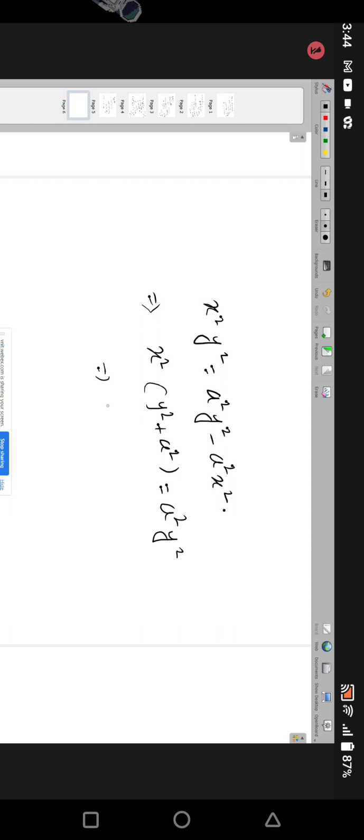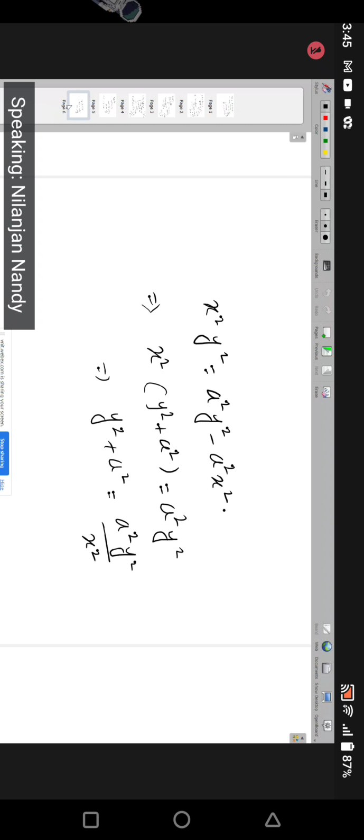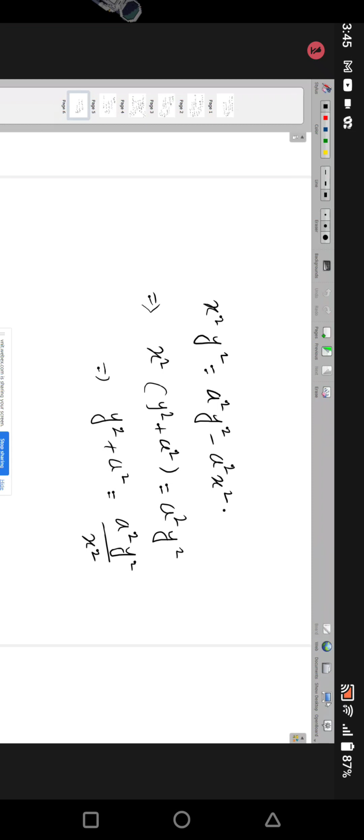From here you can check the asymptote parallel to x-axis does not exist. If you put x tends to infinity, you get y equal to plus minus some imaginary number. So there does not exist any asymptote parallel to x-axis, but there exists asymptote parallel to y-axis.